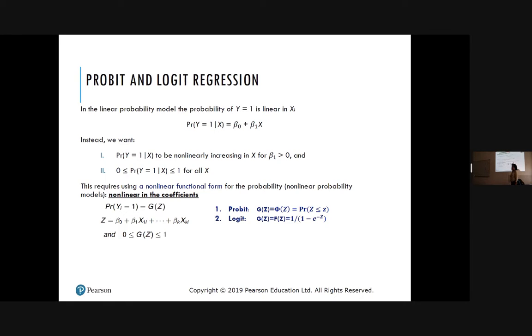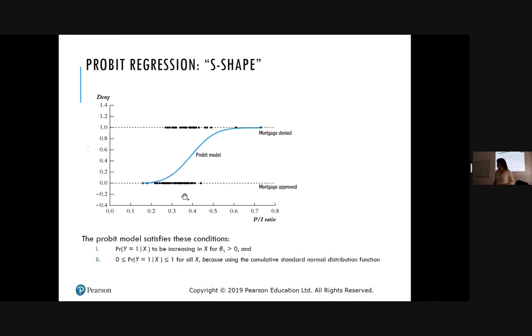So this is how we define the cumulative distribution function: the probability that the variable takes on values which are below a particular value, which is the small z. And in the logit case, we instead have a logistic probability distribution. So this is the cumulative distribution function of a logistic distribution. So they basically use different nonlinear functions. So this is the case of a probit model.